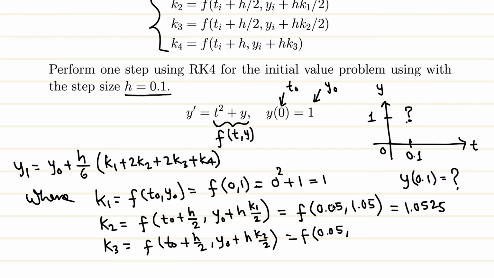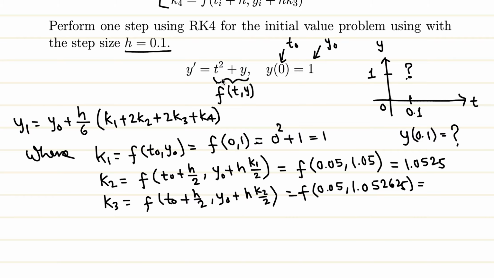It comes out to be 1.052625. Now plug into f of t, y: t squared plus y, so 0.05 squared plus this one, we get 1.055.